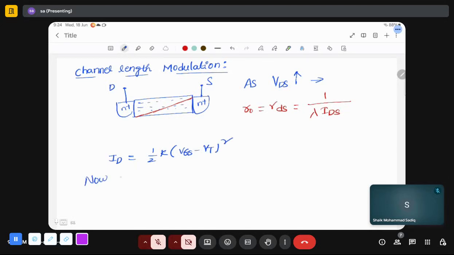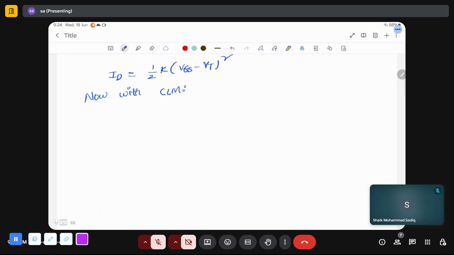Now, with channel length modulation, ID is equal to half K (VGS minus VT) whole square into (1 plus lambda VDS). This lambda is the channel length modulation coefficient.